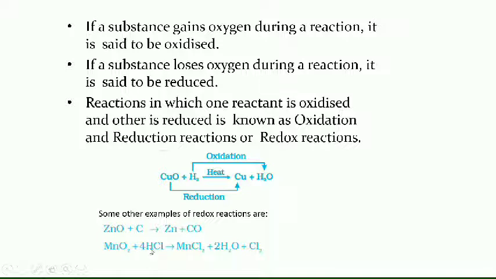The hydrogen of the hydrochloric acid is oxidized into water, H2O, and the chlorine of the hydrochloric acid forms chlorine gas. In this last example, the redox reaction involves the addition and removal of oxygen.